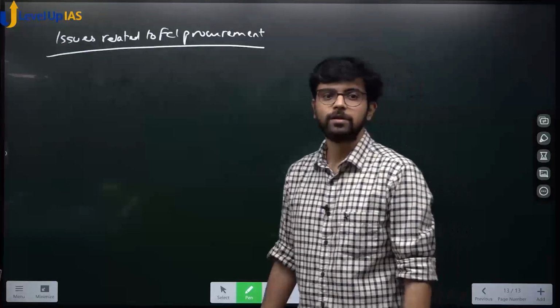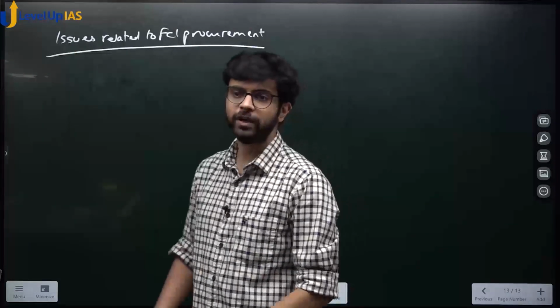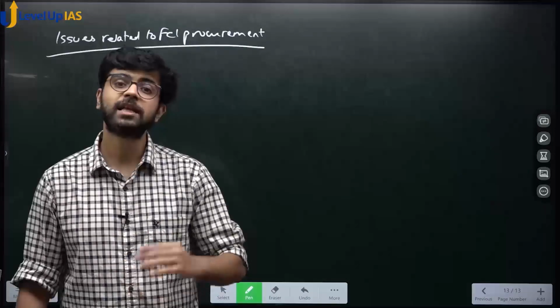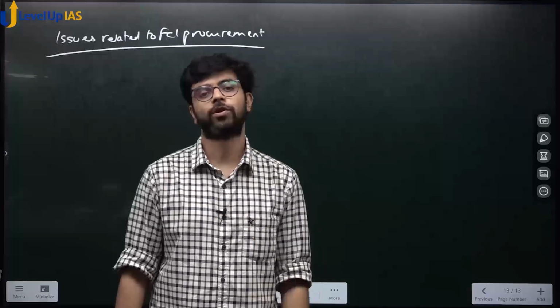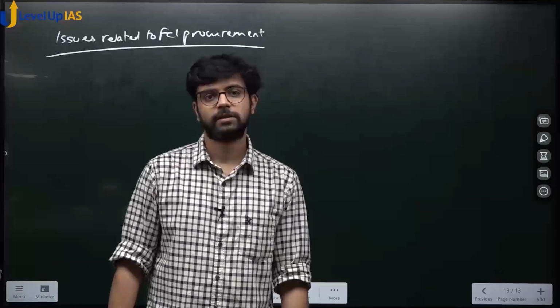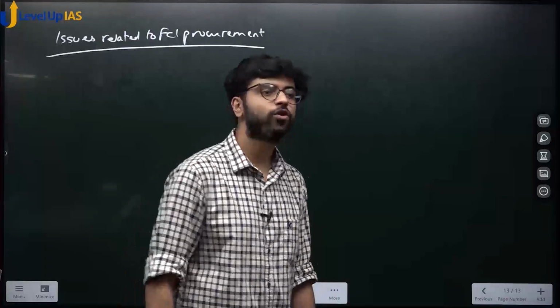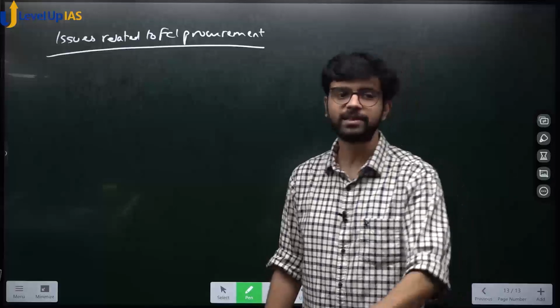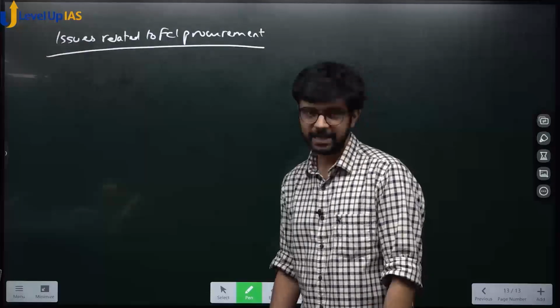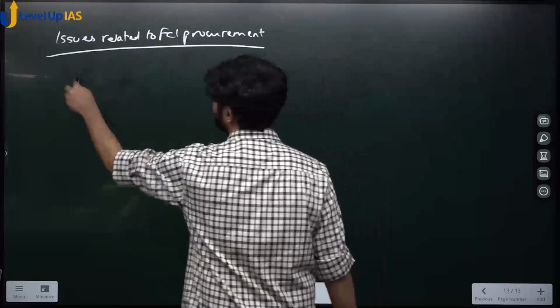FCI, I hope you know, is the Food Corporation of India. It is open-ended, which means there is no limit to how much it can procure. What will happen from this? If there is no limit to how much it can procure, will it lead to excess stock? Excess stock will happen. Open-ended procurement.